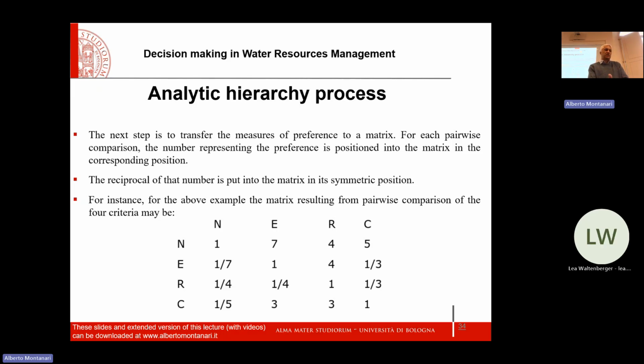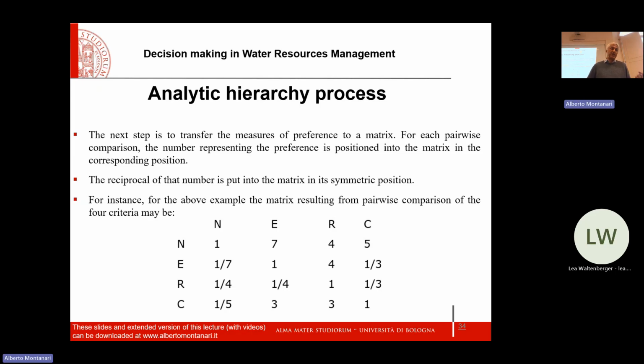Like, for instance, here, if you look at the first row, you see that if the cost, the net benefit, is much more important than E and less important than R, it means that you are giving more importance to R than to E. Correct?